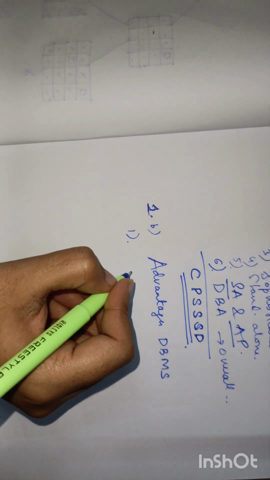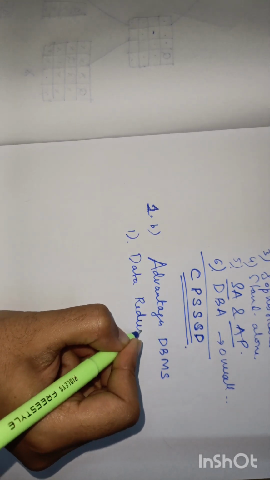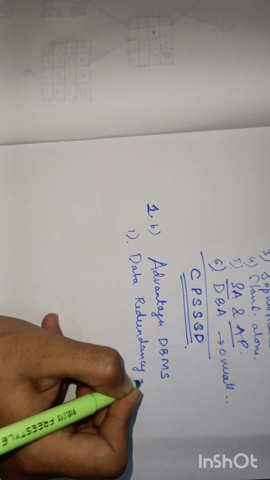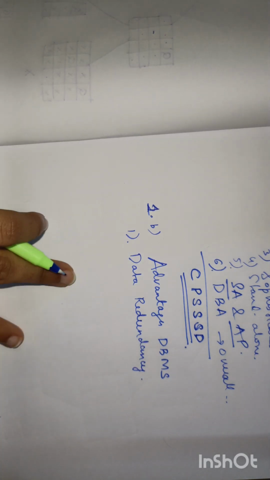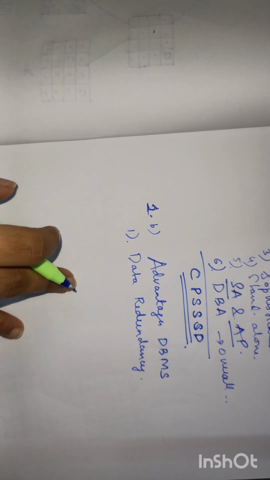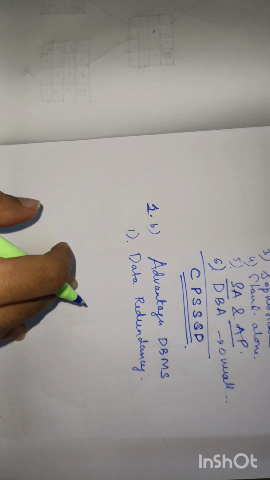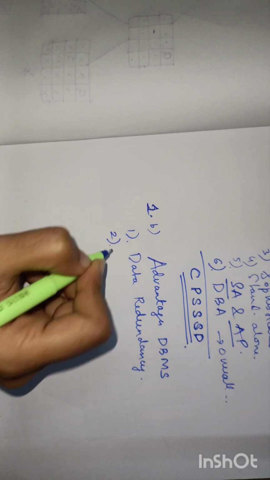First, let's start with data redundancy and inconsistency control. Data redundancy means that any redundant or irrelevant invalid data can be handled and controlled. So you don't maintain the entire data. DBMS will reduce data redundancy into a single database.